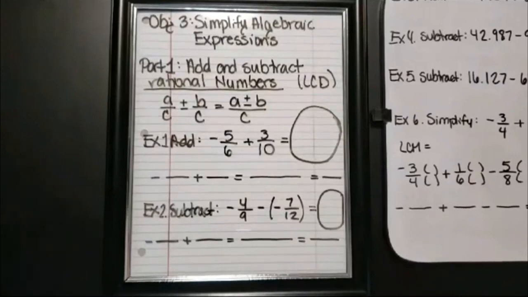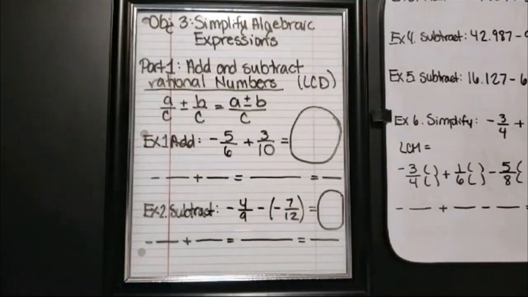Hello, class. Objective 3 is about simplifying algebraic expressions. So I have it broken up into 4 parts. Basically, we're going to go through the different scenarios that you would see inside of the algebraic expressions that you will be simplifying.